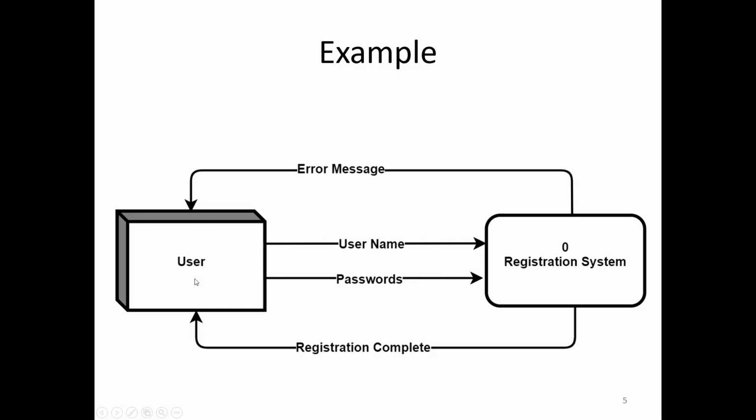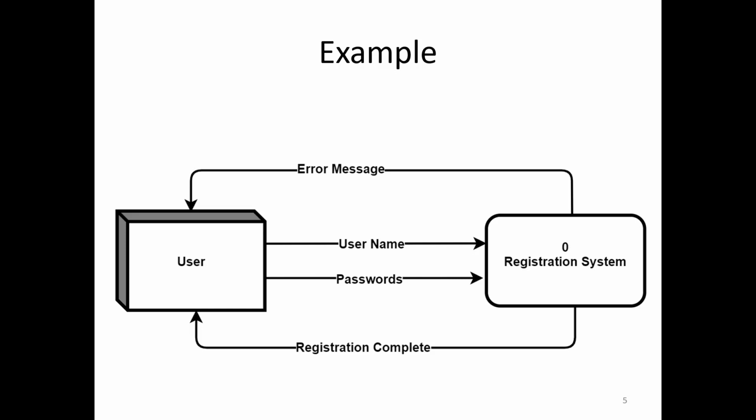Depending on whether the registration process is successful or not, the system provides either registration complete information to the user or an error message to this user. So here, this context diagram hides the complexity of the system because all of the internal components of the system are hidden inside this box.